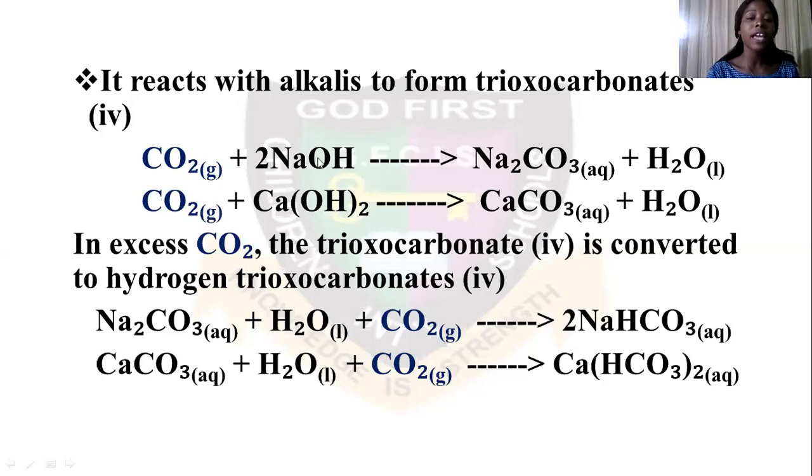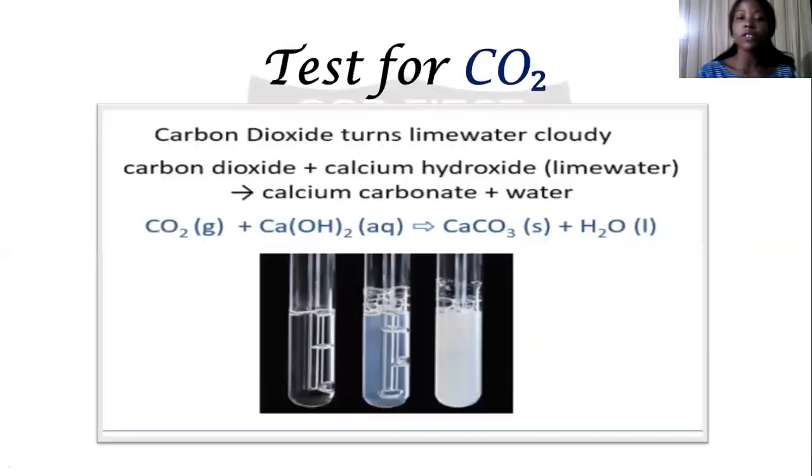The product from here reacts with more carbon(IV) oxide to give us sodium hydrogen carbonate, and excess CO2 will react with calcium carbonate and water to give us calcium hydrogen carbonate. Hope we are getting this. So when carbon(IV) oxide is in limited supply, you have the carbonates. But when excess carbon(IV) oxide is used, those carbonates are converted to hydrogen carbonates.